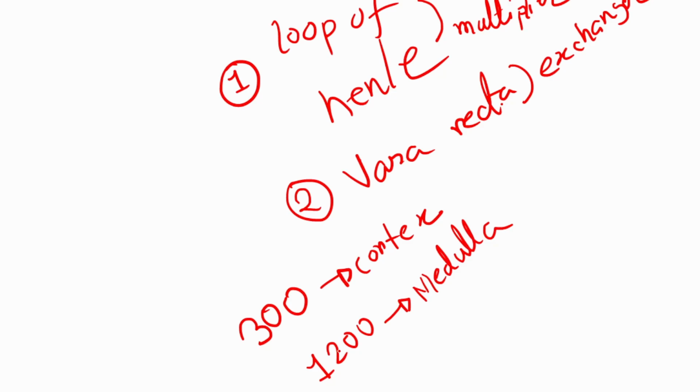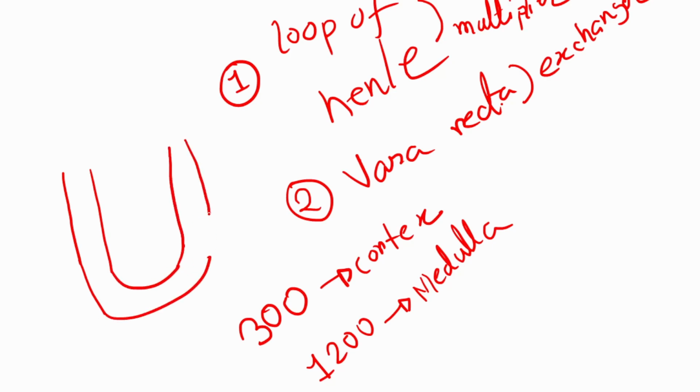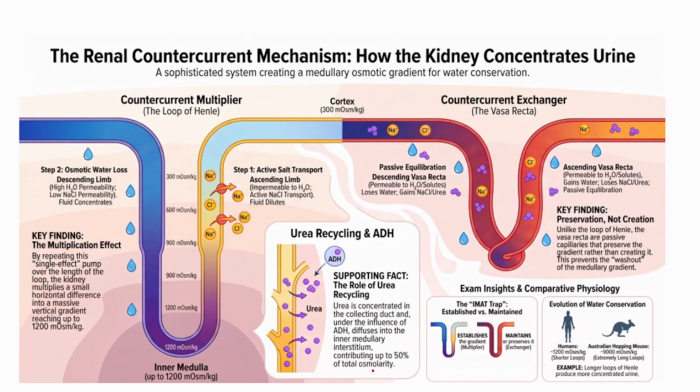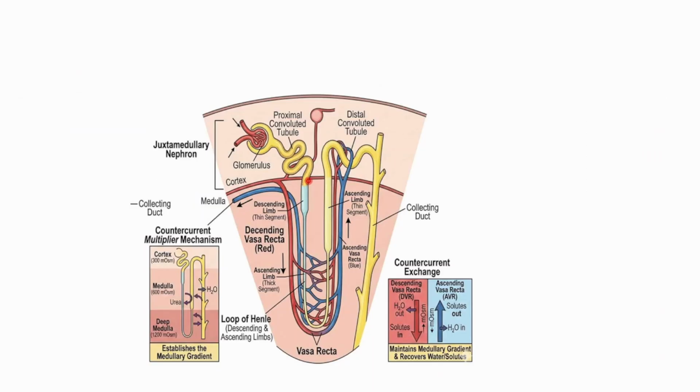We will build the countercurrent multiplier concept by tracking how the fluid flows through the hairpin loop of Henle. This is the descending part of the loop of Henle, then this bend, this is the hairpin loop of Henle, then this is the ascending loop of Henle. To get a clear picture, let's look at this diagram. The fluid enters the thin descending limb of the loop of Henle entirely isotonic.